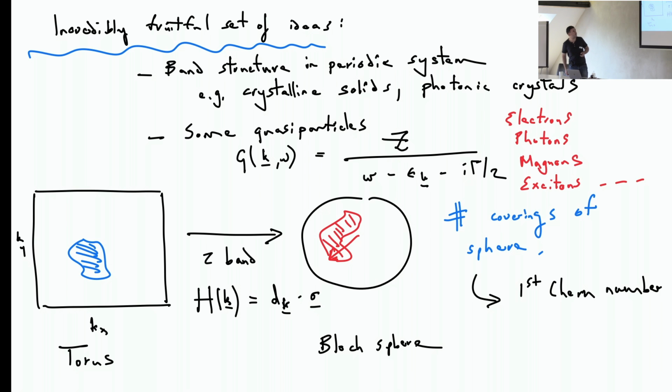And the wave functions, this is just to indicate that there are well-defined quasi-particles. There should not be too much damping. There should be just some well-defined band structure. And then you have a wave function associated with each point in K-space. This is a representation of K-space, which is periodic.